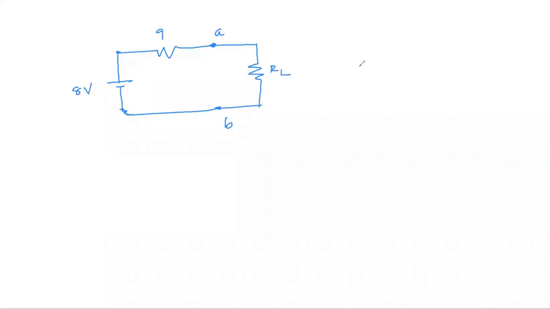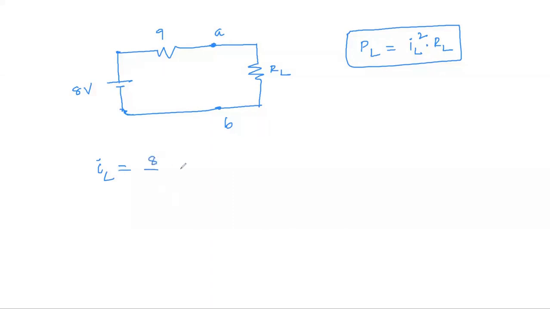Now in order to find power in the load resistance, what do we have to find? IL square into RL, I square R. How to get the current? It is a simple single loop, which has 1 voltage and 2 resistances. IL is 8 divided by 9 plus RL.